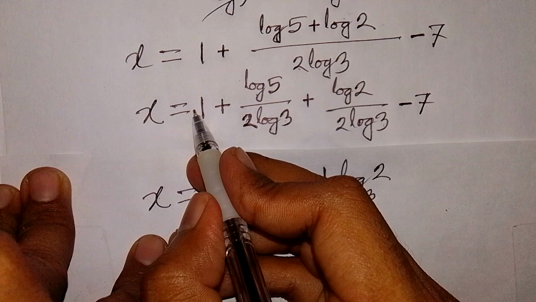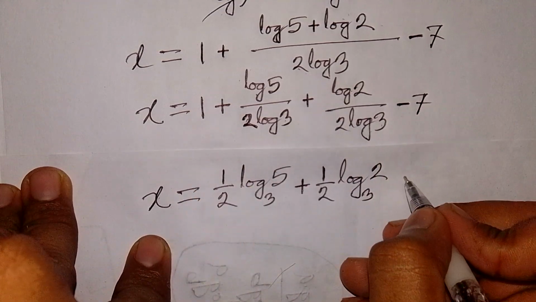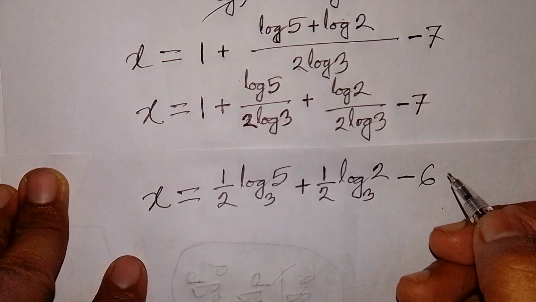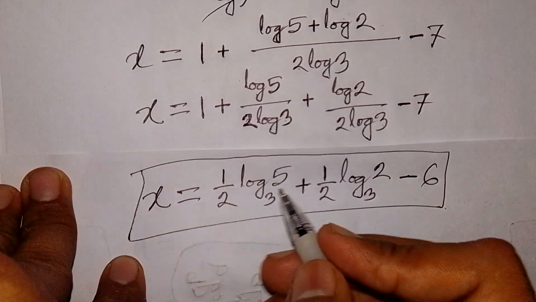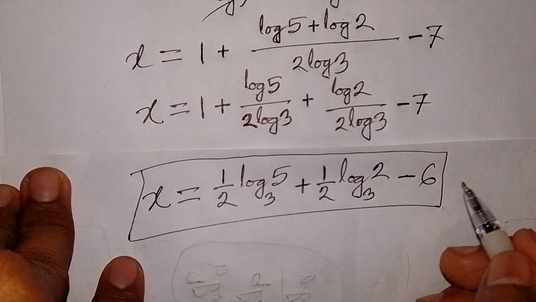Then this plus 1 and this minus 7, that means it will be minus 6. So this is the value of x, so this is our final answer.